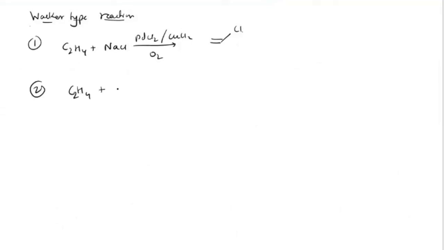Now if we have C2H4 plus sodium acetate, again under the same reaction conditions as Wacker, you will get vinyl acetate.